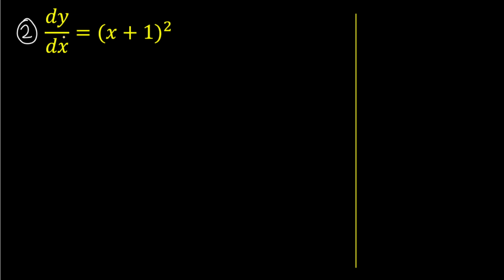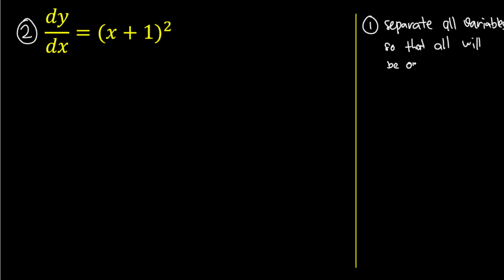Okay, let's move on to the second example here. So we have this one again, dy over dx is equal to x plus 1 squared. Okay, so here let's separate all the variables so that all the same variables will be on one side.